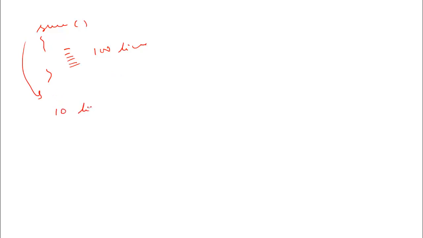How many lines would you have to write? 10 into 100, that is 1000 lines. You need not write these 1000 lines again and again. You just call the method, and whatever lines it contains will be executed automatically.